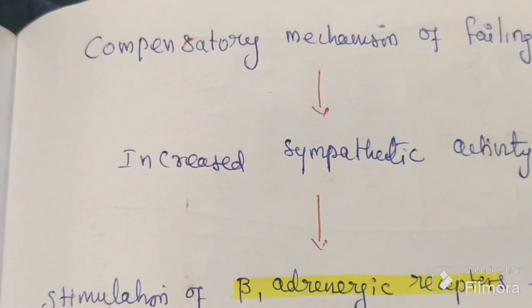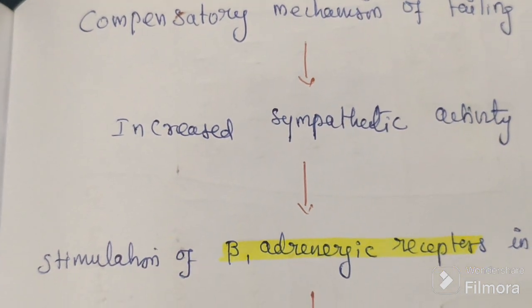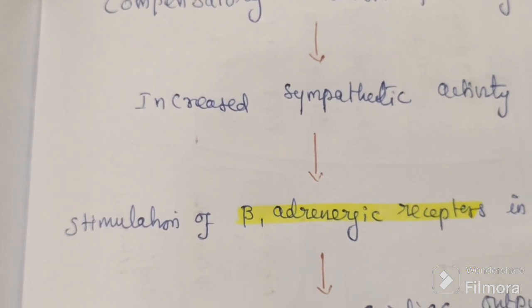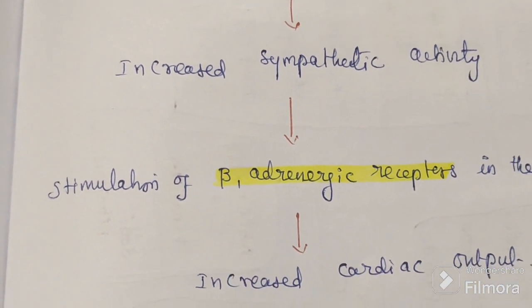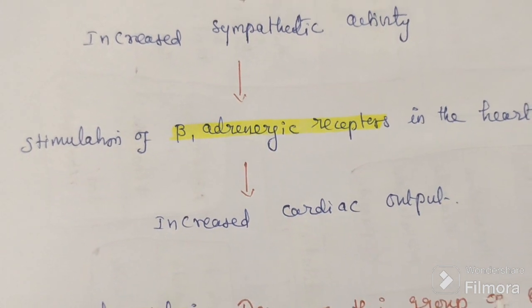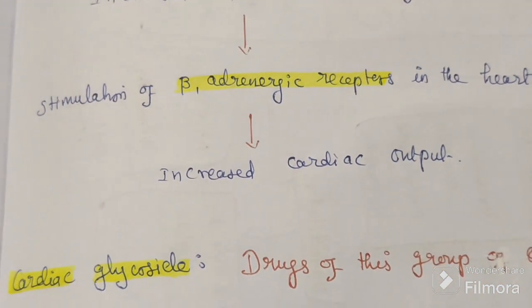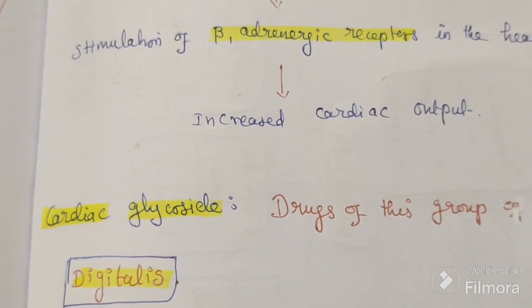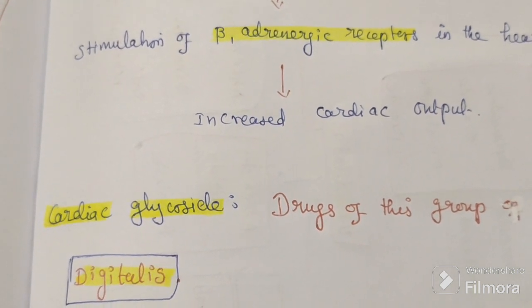Increasing contractility is good. We want that because the heart is failing, we want to increase contractility via the beta 1 receptor present on the left ventricle cardiomyocytes. We want that, but two bad things are happening.